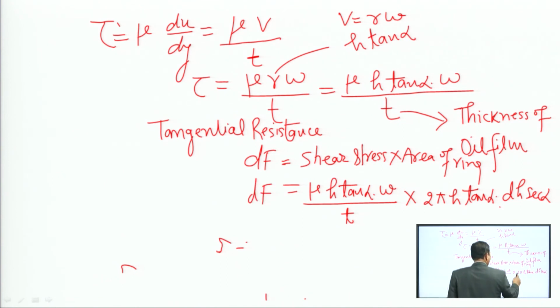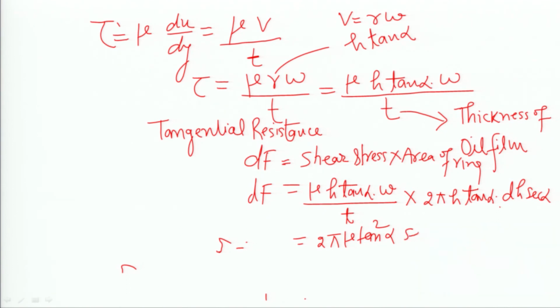Again we can write twice pi mu tan square alpha sec alpha omega by t. Then h and h become h square into dh. This is the dF.